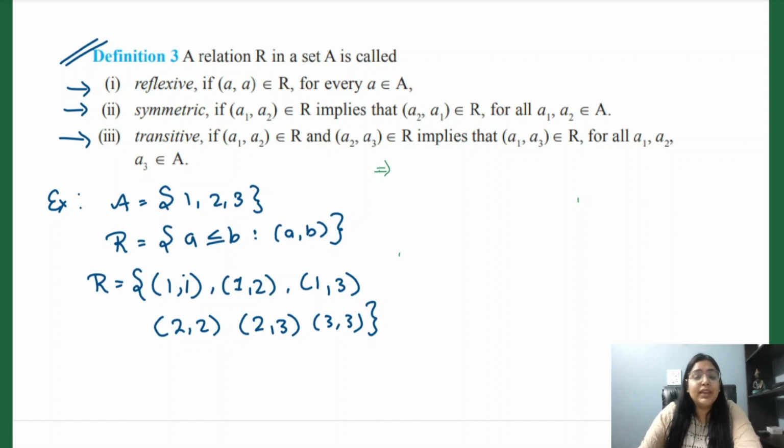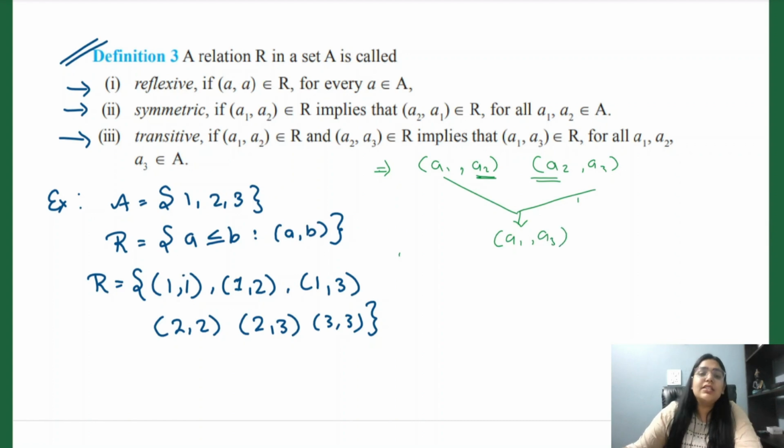I will try to make it as simple as possible. So what does transitive say? It says that if we have an element like a1, a2, and we have another element like a2, a3, that means these are the same, then it should imply that we have an element like a1 comma a3. Instead of using these, let's take simple notation.